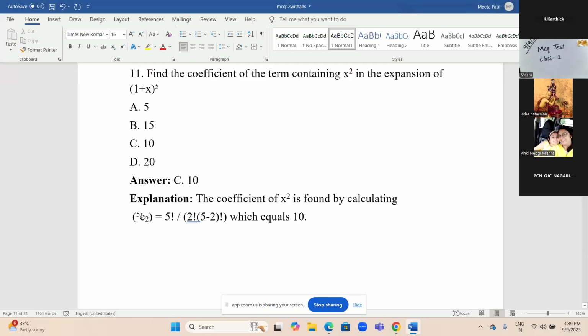Which combination? That is 5C2. That means n factorial divided by r factorial into (n minus r) factorial. So if you solve this one, how much answer are you going to get? That is 10. So your correct answer is option C, 10.